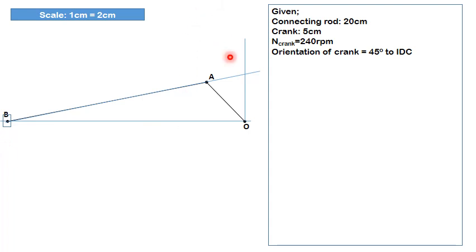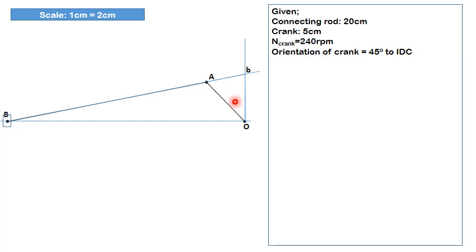I have drawn a line perpendicular to OB and then extended this line AB till it intersects with it. This point of intersection I am going to name as B, and this OAB is nothing but velocity polygon. So you already got the velocity polygon, using which you can calculate the velocities of different links.